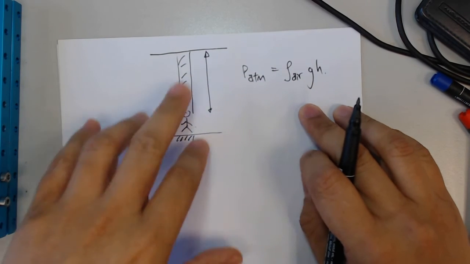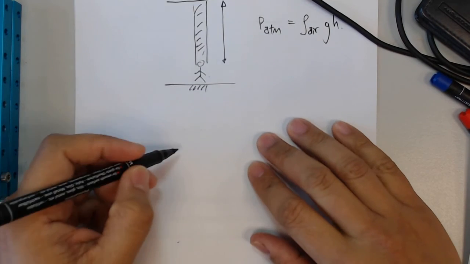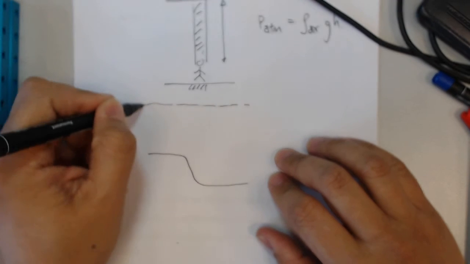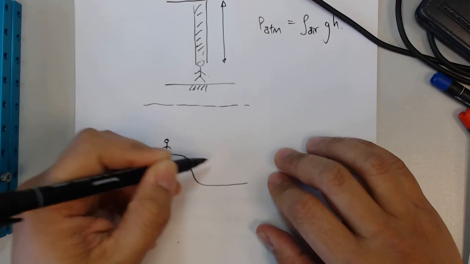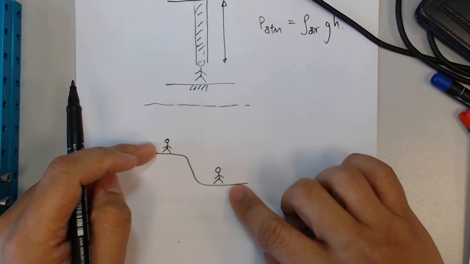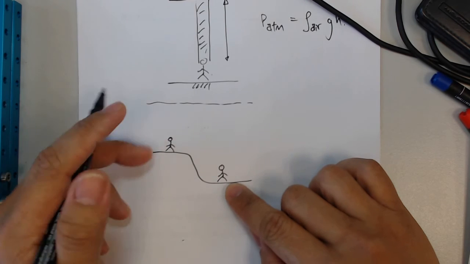So this is just for visualization purposes, which if you can understand, you will be able to appreciate the concept when a person is high up in the mountains compared to a person who is close to sea level.